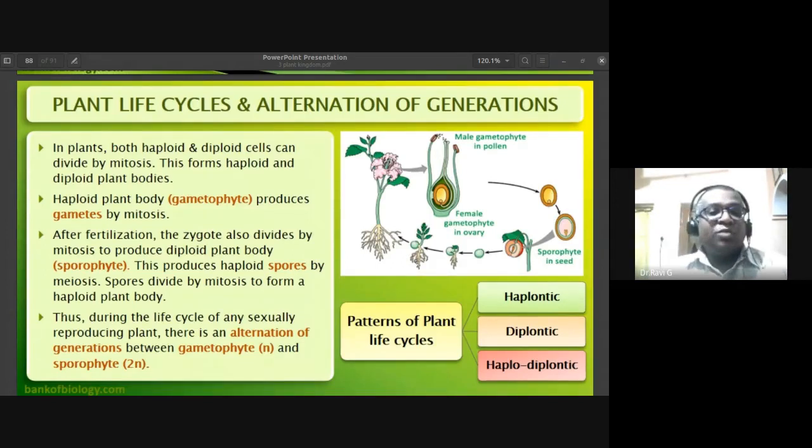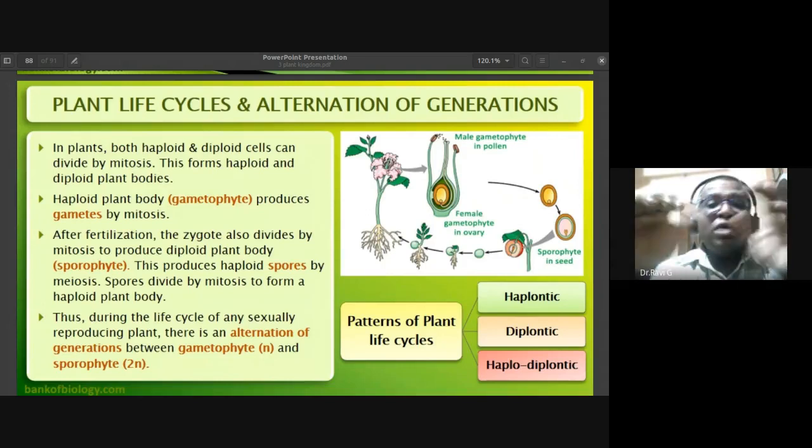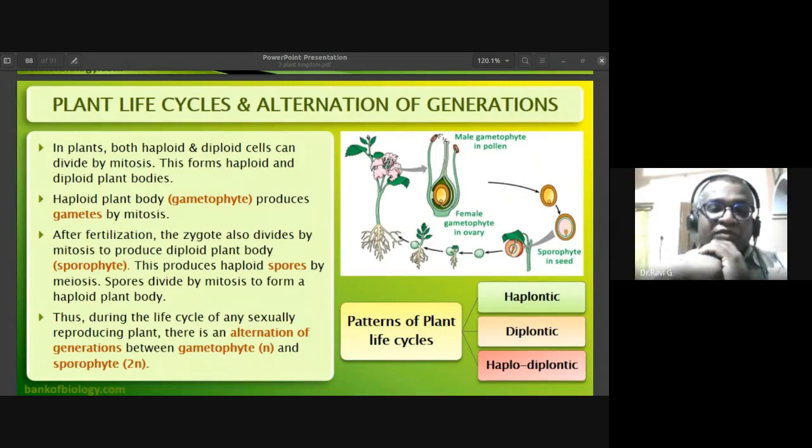So in plants, both haploid and diploid cells can divide by mitosis, forming haploid and diploid plant bodies. The gametophyte produces gametes by mitosis. After fertilization, the zygote is diploid, so it divides by mitosis to produce the diploid plant body, the sporophyte.